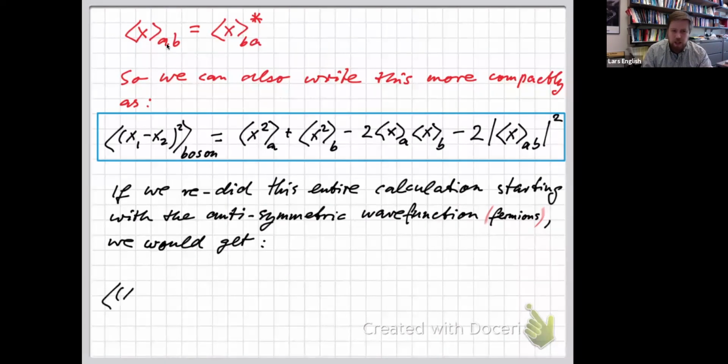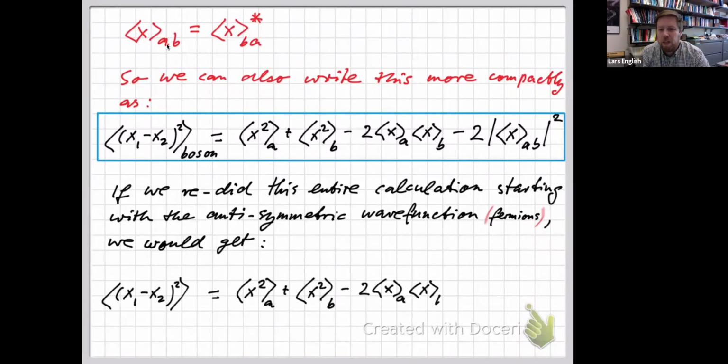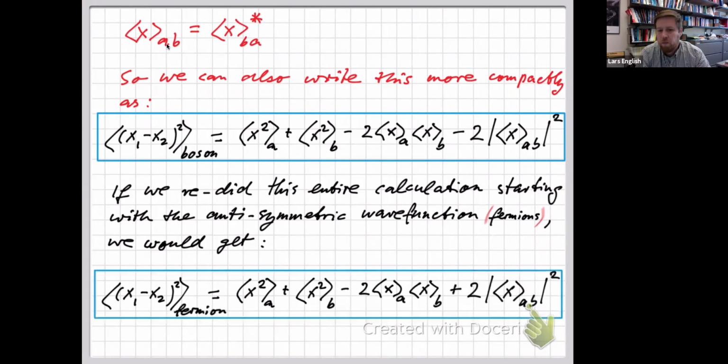Okay, so if we did that, we would get this result with a plus there. Okay, and so that's the important thing to notice, that initial sign switch, the only thing that it changes is that last term, the sign of that last term. And so instead of a -2 times this, you get now a +2 times this squared. That's really the only difference.